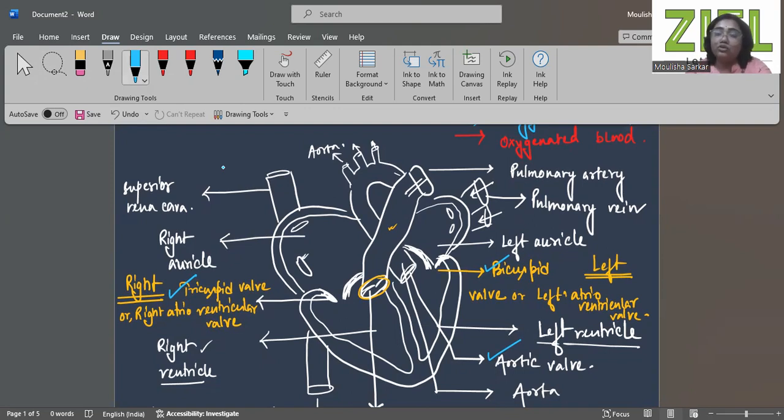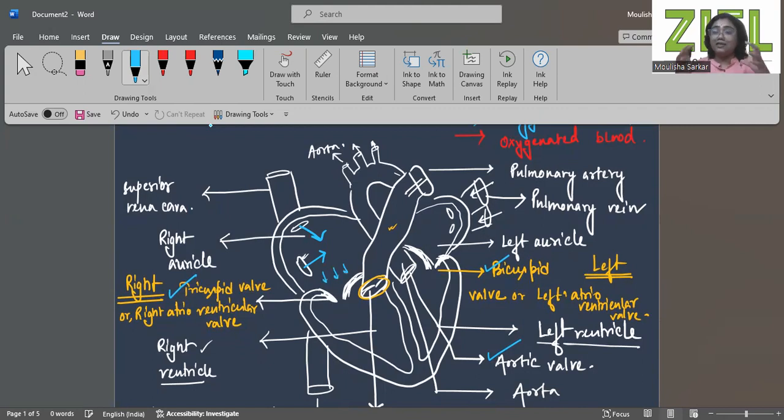So through the superior and inferior vena cava, the deoxygenated blood will enter into the right auricle. As you can see, I have drawn the blue arrows towards the right auricle. Now when the right auricle is filled with deoxygenated blood, it will apply pressure on the valves.